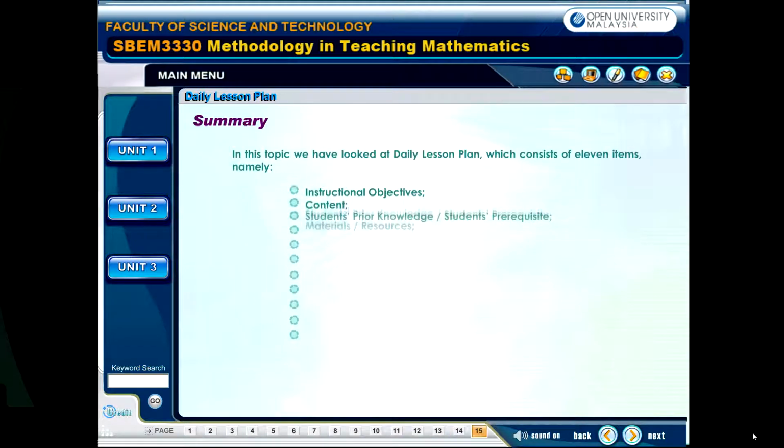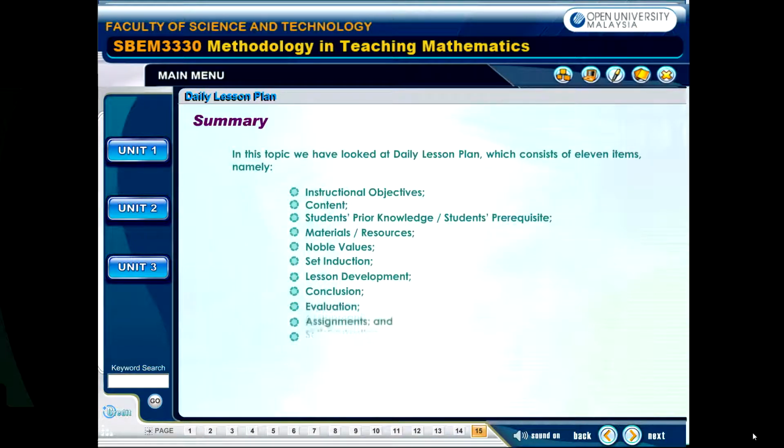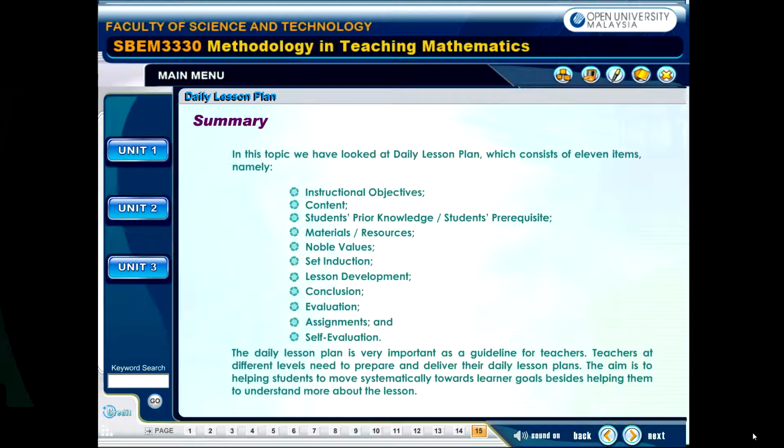In this topic, we have looked at the daily lesson plan, which consists of 11 items, namely instructional objectives, content, students' prior knowledge, students' prerequisite, materials, resources, noble values, set induction, lesson development, conclusion, evaluation, assignments, and self-evaluation.